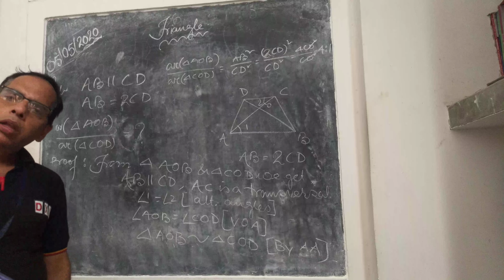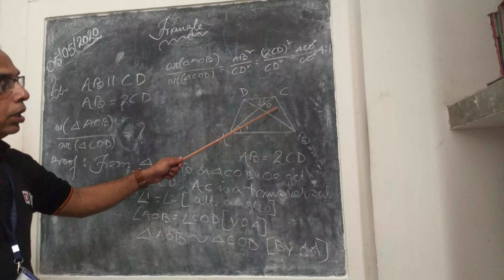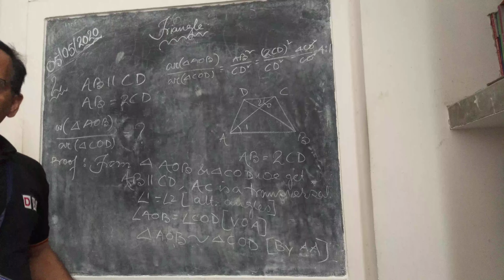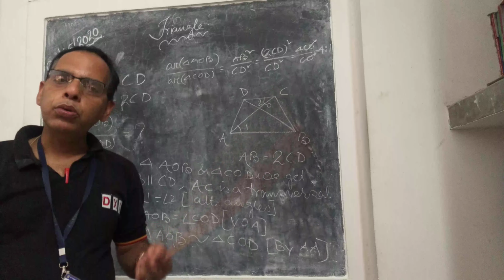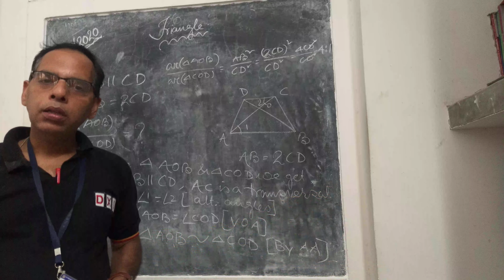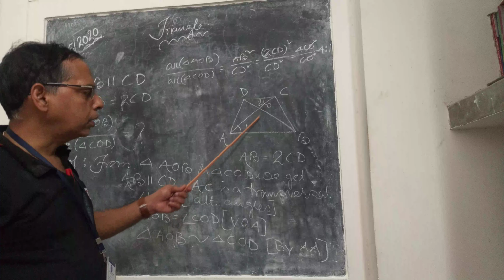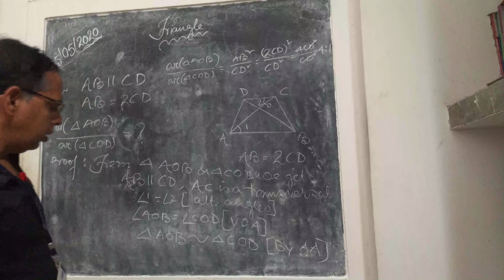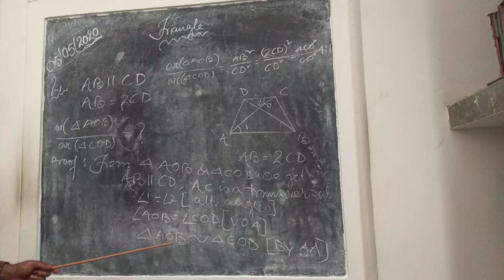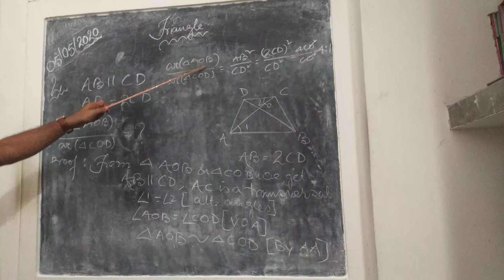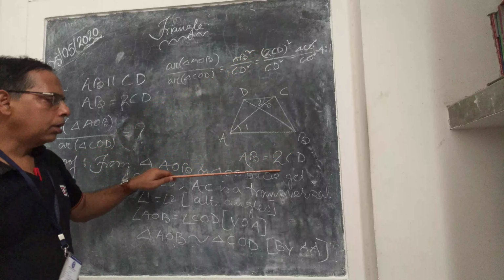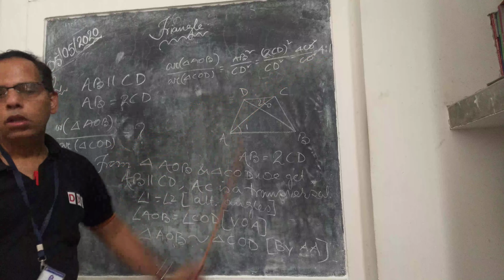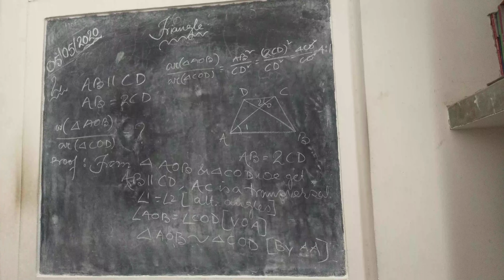Now some of you may think why I have not taken AB parallel to CD and BD as a transversal. No problem. Because I told you many times that if two angles of two triangles are equal, then automatically the third angle will also be equal. So if these two angles are equal, then this angle is also equal. Therefore, triangle AOB is similar to triangle COD by AA. Therefore, the area of triangle AOB divided by the area of triangle COD equals AB square by CD square. And AB is nothing but twice CD, so the ratio is 4:1. This is question number 2.